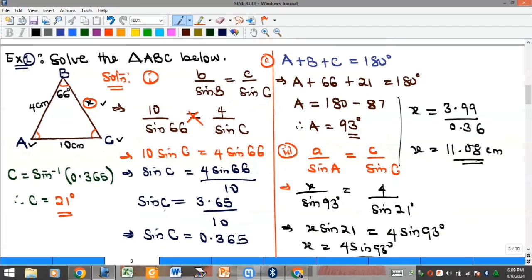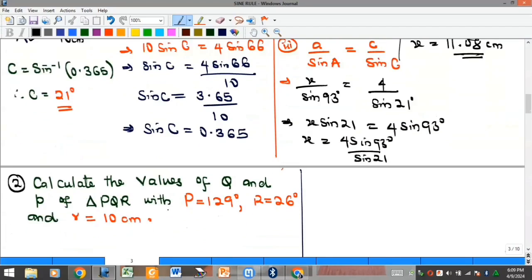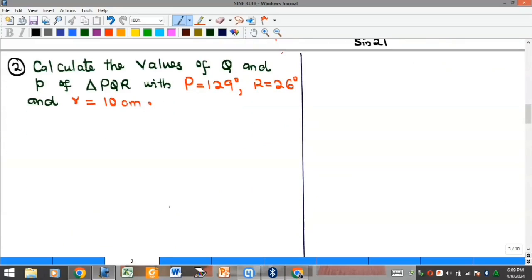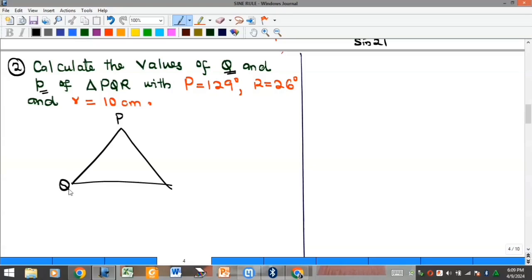All right, so now there is an exercise here, which is example 2, which I would like you to do. We are asked to find angle Q and side p in a triangle. What you're expected to do is to sketch this. If you sketch it, let's say here is P, Q, and here is R. We are given angle P as 129 and angle R as 26.